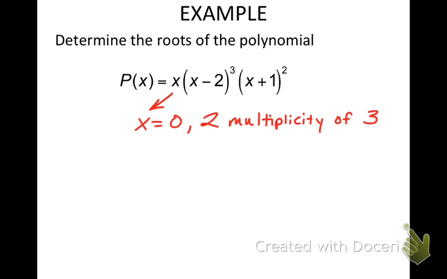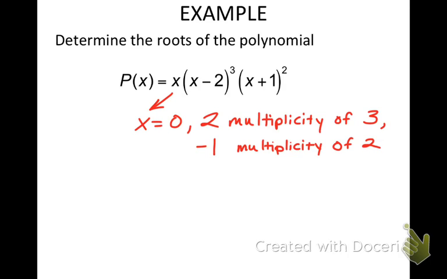You're going to need to state, I have 2 with a multiplicity of 3. And then my last zero is occurring where? -1 with a multiplicity of 2.